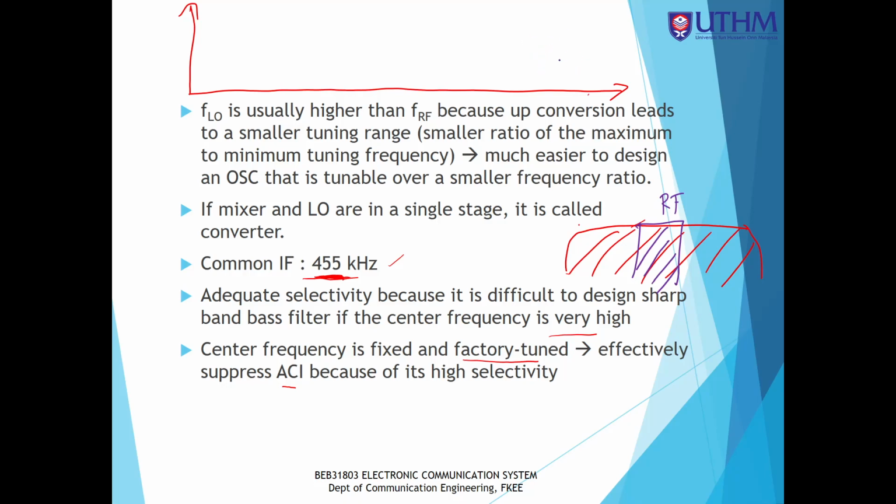From the pre-selector, for example, we select this frequency band. This is F resonant, this is F USB, and the other one is F LSB. So this is the RF.